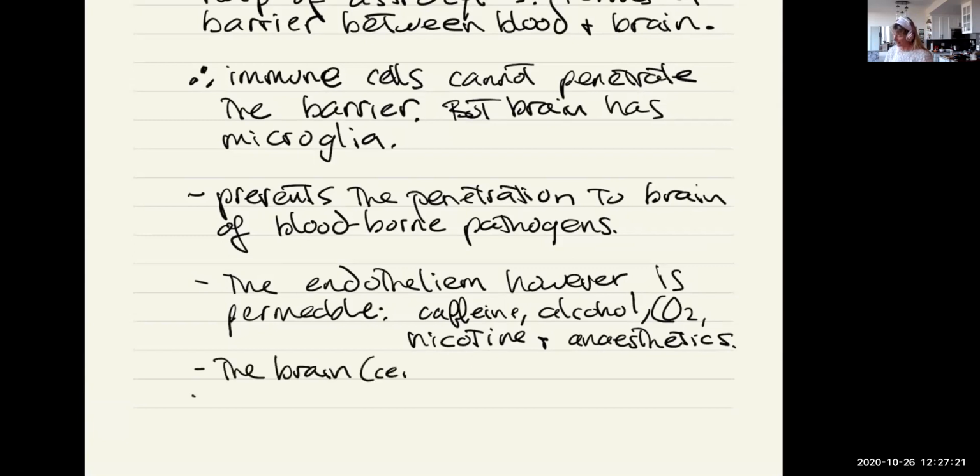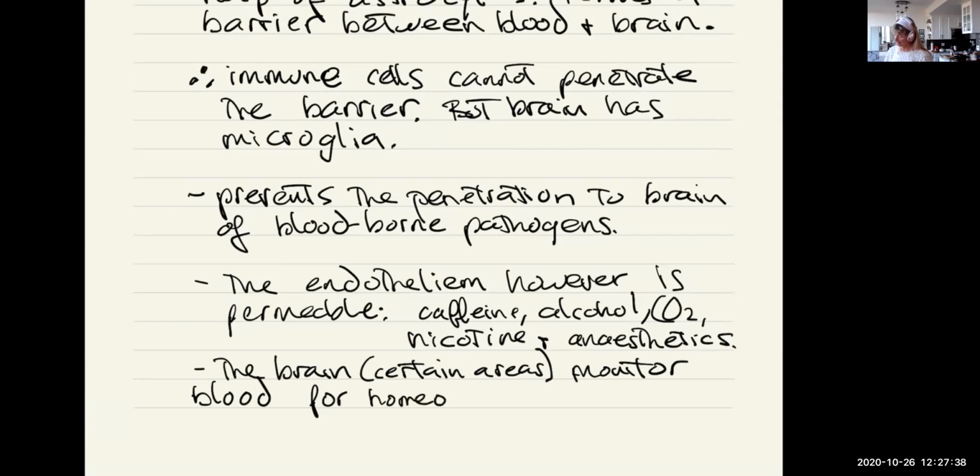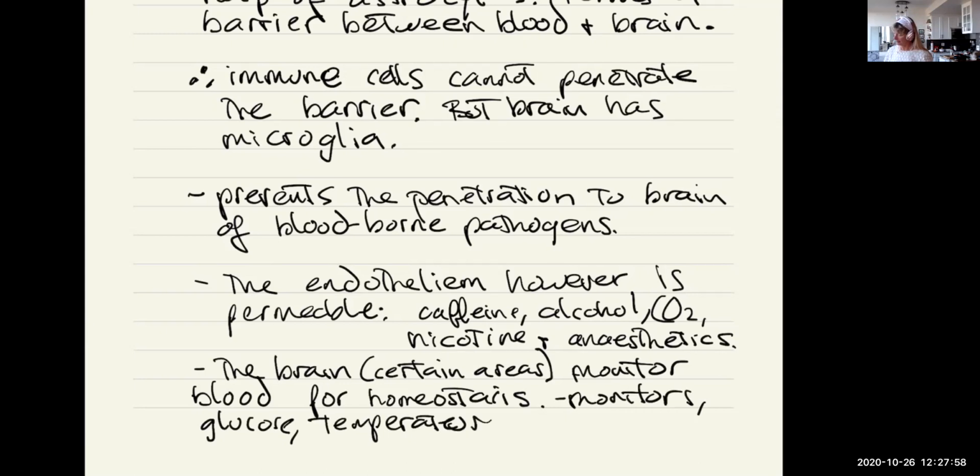So certain areas of the brain, particularly the hypothalamus, monitor blood for homeostasis in order to maintain the homeostasis of the body. So in this area, the brain monitors such things as glucose levels, temperature, pH, for example.